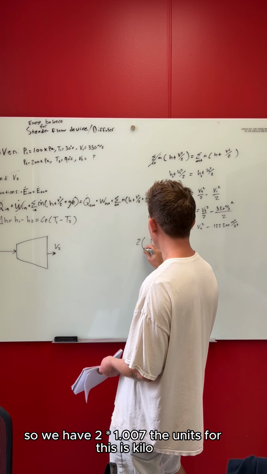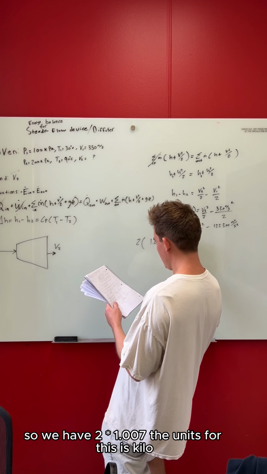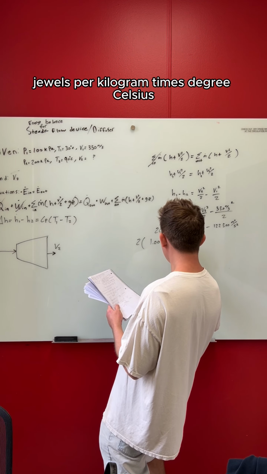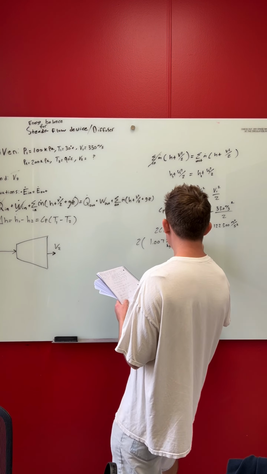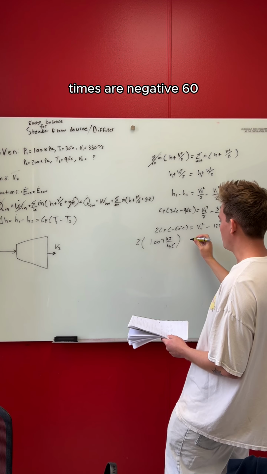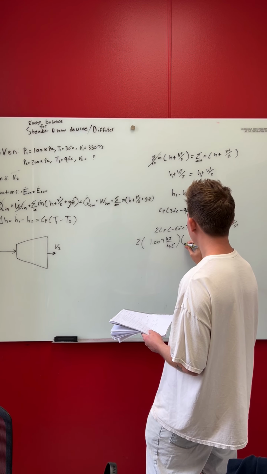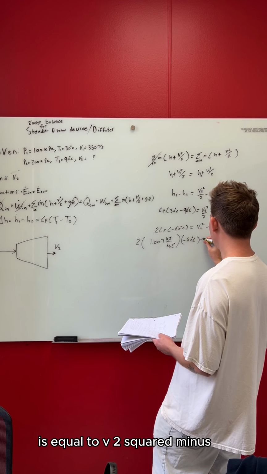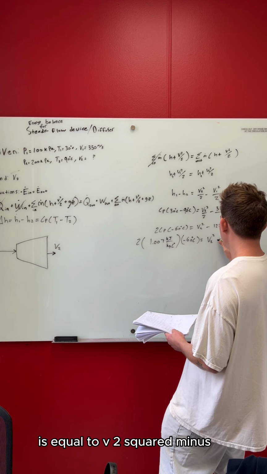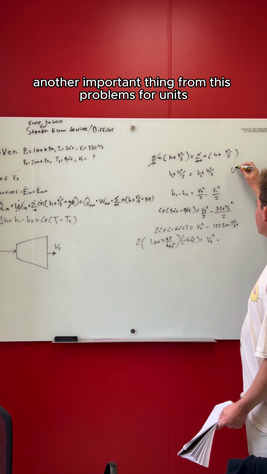So we have 2 times 1.007. The units for this are kilojoules per kilogram times degrees Celsius, times our negative 60 degrees Celsius, is equal to V2 squared minus 122,500. Another important thing from this problem is the units.